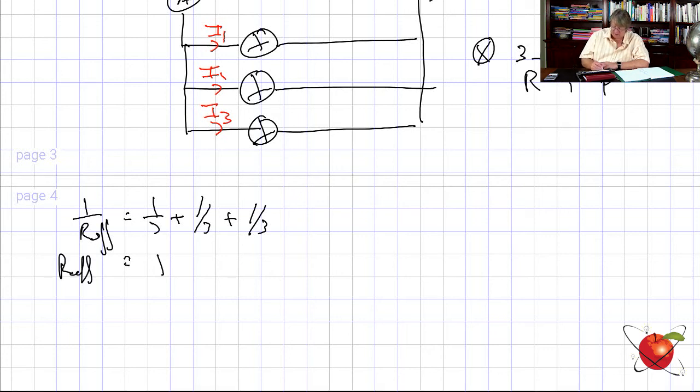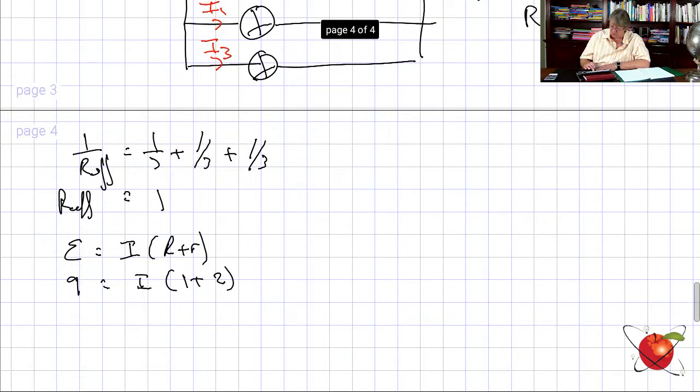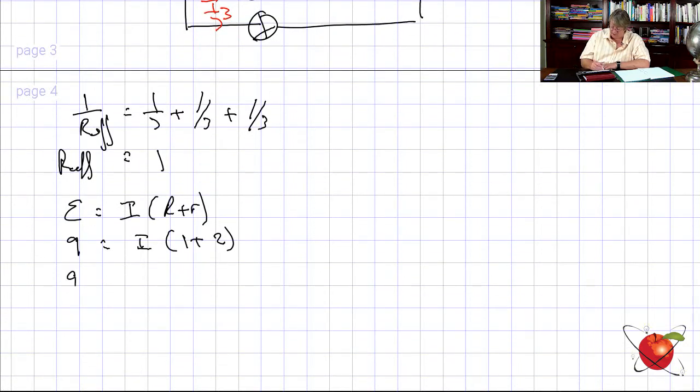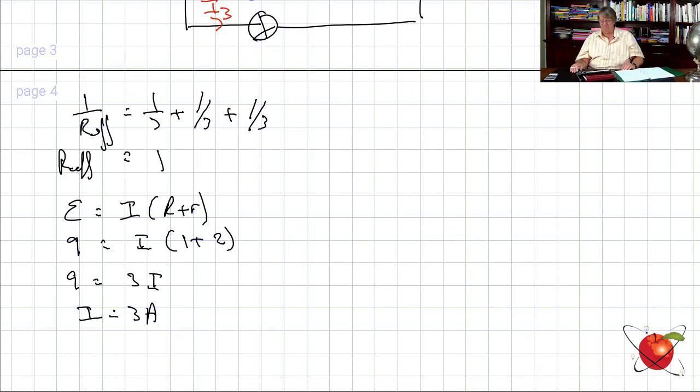So R effective is equal to 1. We now know, therefore, that the EMF of the cell is equal to I times R plus little r. We've got a little r. So the EMF, they've told us, is 9 is equal to I times R, 1 plus, and little r is 2. So therefore, my current 9 is equal to 3I, I is equal to 3 amps. Okay? So the ammeter reads 3 amps.